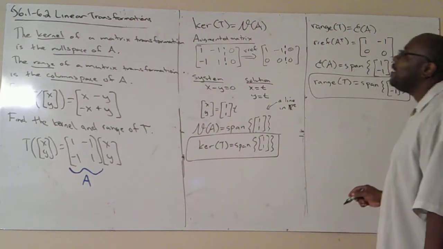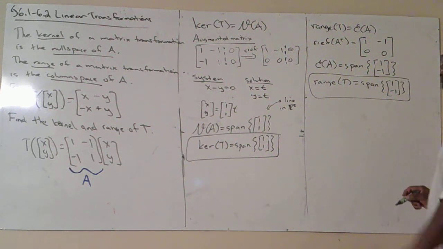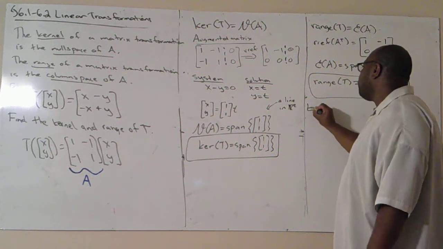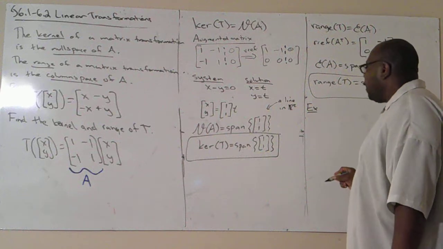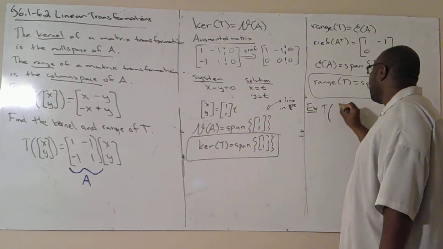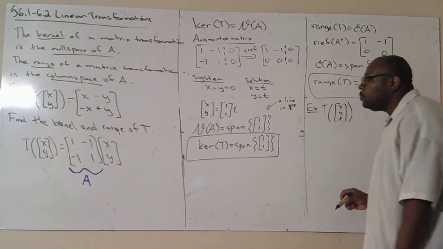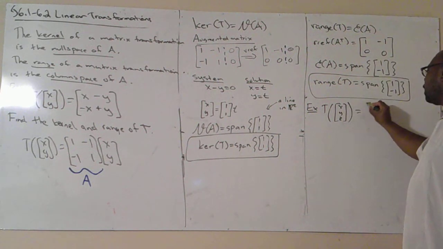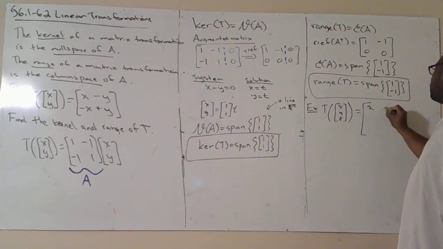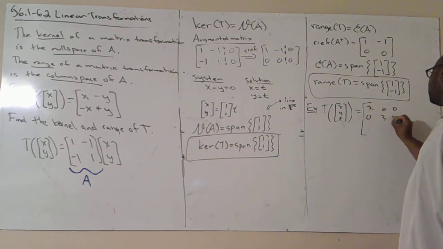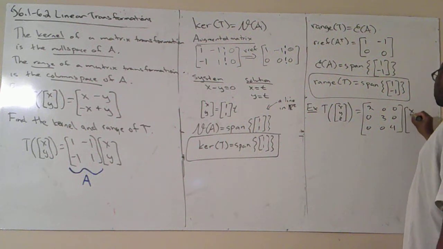Just a really, really straightforward example. Suppose I have T of x, y, z is equal to, here I have 2, 0, 0, 0, 3, 0, 0, 0, 4, times x, y, z.